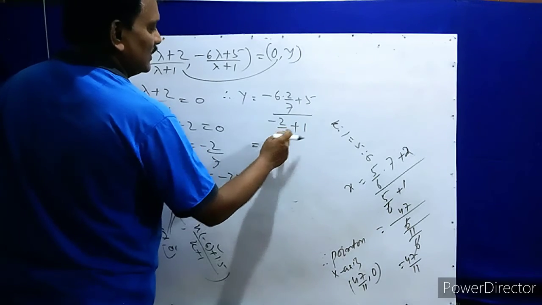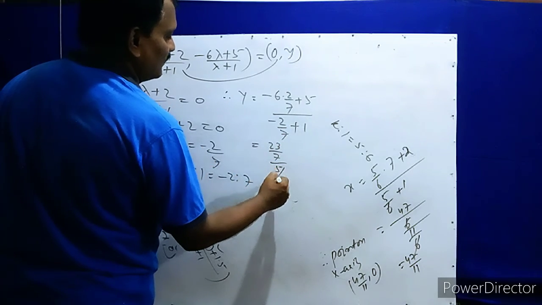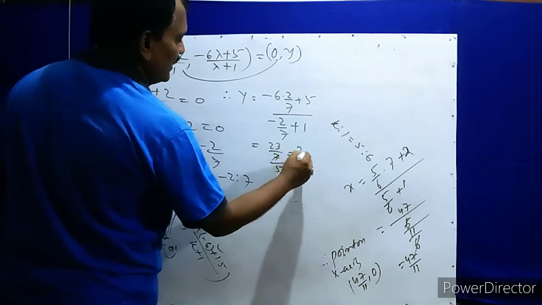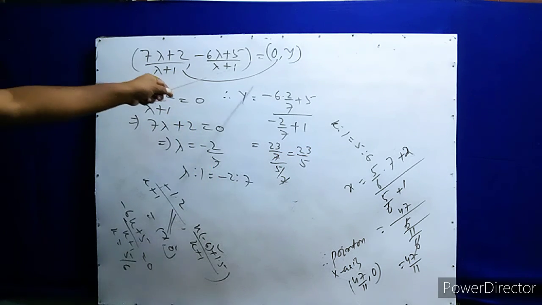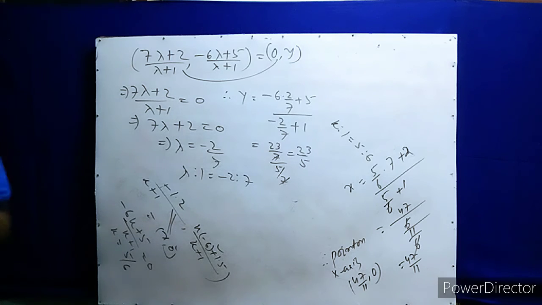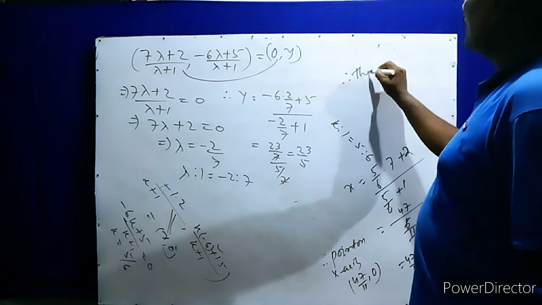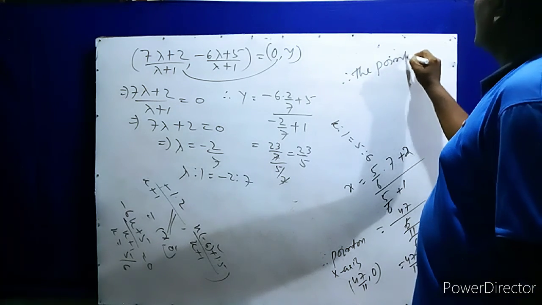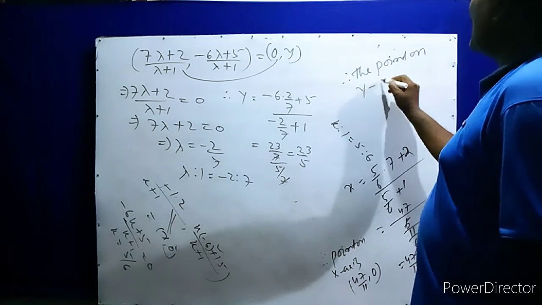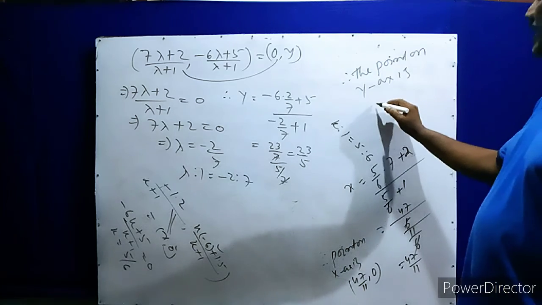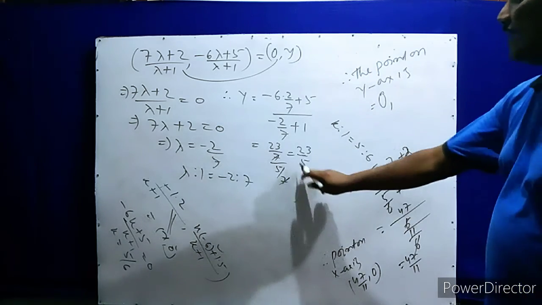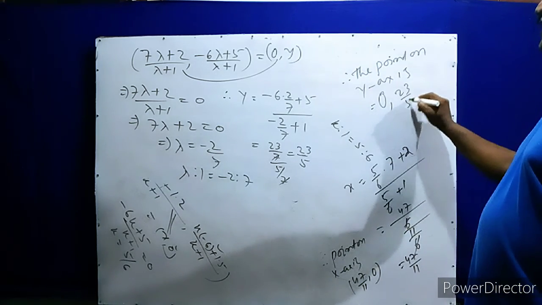Here it is 1, 7 minus 2, 5 by 7. This one you put, then you get 23 by 5. So on the y-axis the point is (0, y). So what is the point on the y-axis? The point on the y-axis is (0, 23/5).